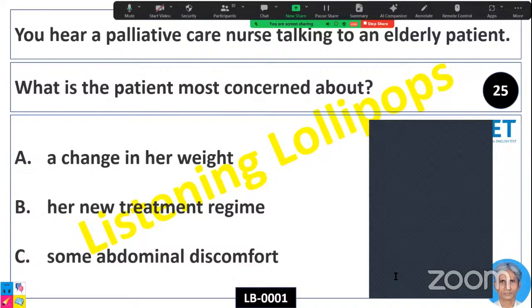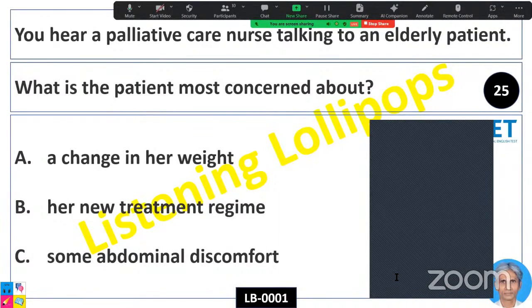Come on, find out the most important word in A. Wait.